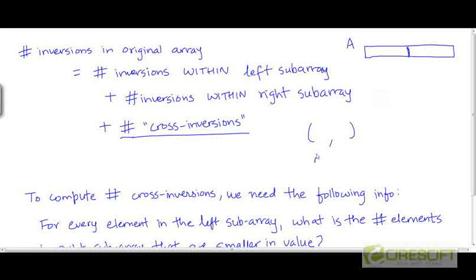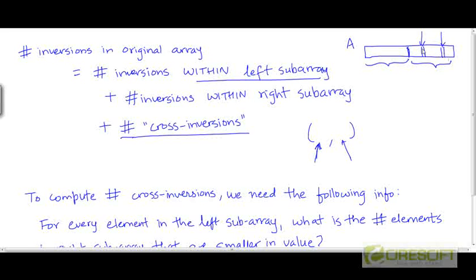Let me use my own terminology here. Let me call the left element of an inversion the left leg and the right element the right leg. Now, an inversion within the left subarray is one where both the legs of the inversion lie within the left subarray. An inversion within the right subarray is one where both the legs of the inversion lie within the right subarray.